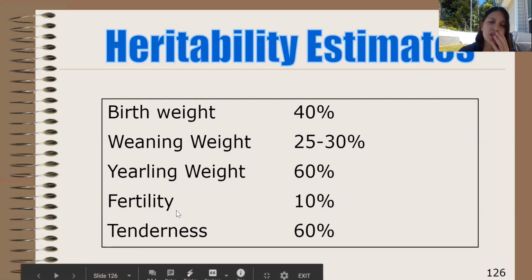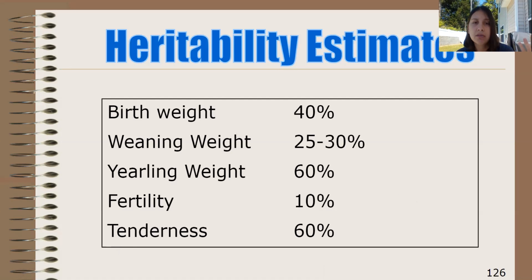So fertility just means that this animal, if it's a female, is very easy to get pregnant, because not all animals get pregnant on the first try. Sometimes it takes a couple rounds. Like when I was at NC State and I was working on the pig farm, we artificially inseminated pigs. Not all of them got pregnant the first time around, because that would just be crazy to think.